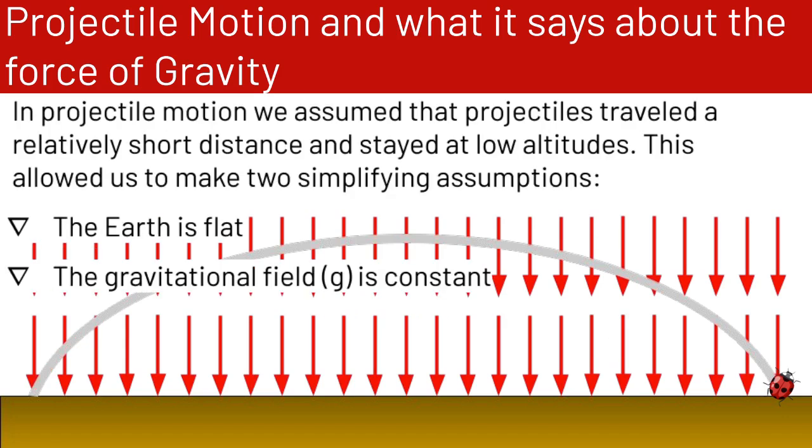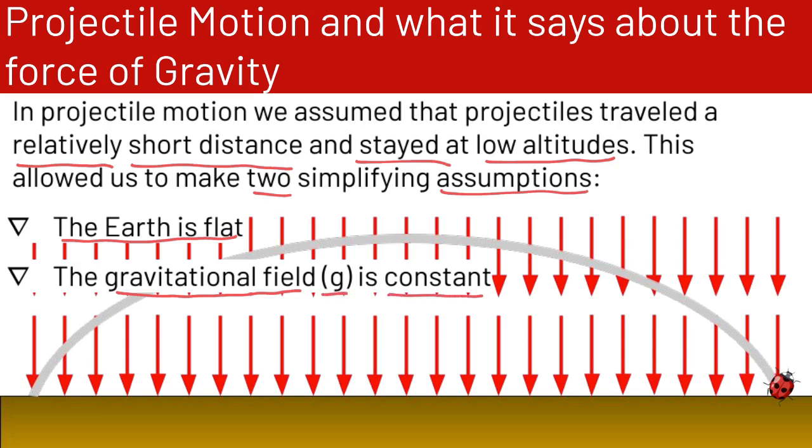Okay, so in projectile motion, we assumed that projectiles traveled a relatively short distance and stayed at low altitudes. So this allowed us to make two simplifying assumptions. One assumption is that the earth is flat, which we know is not true, and the second is that the gravitational field, which we call g, is constant.